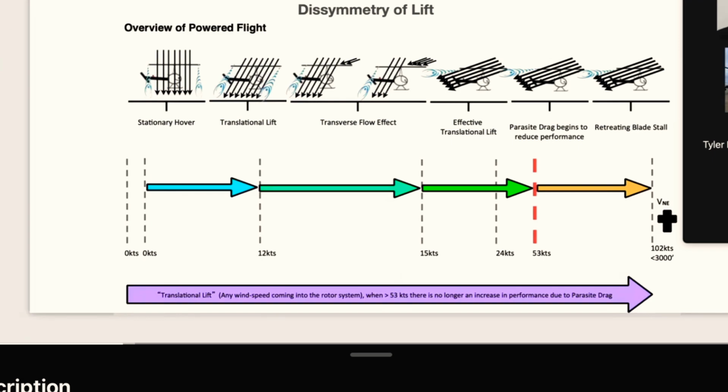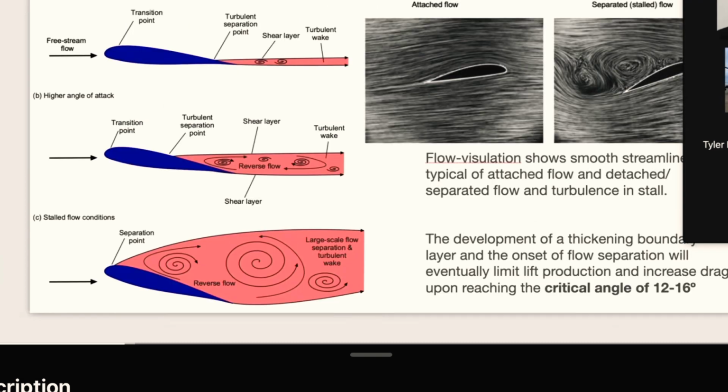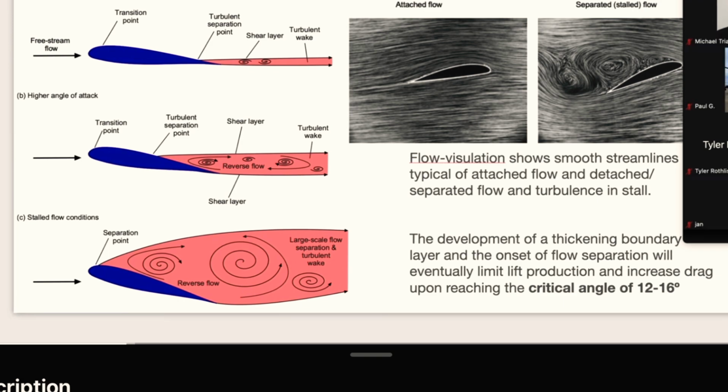So the question is, why is it that our retreating blade would stall, and how can a rotor system stall? You can think of it similar to what you would experience in a fixed wing aircraft, right? A rotor blade produces essentially the same components. It generates lift, there's an airfoil, and it acts much like a fixed wing.